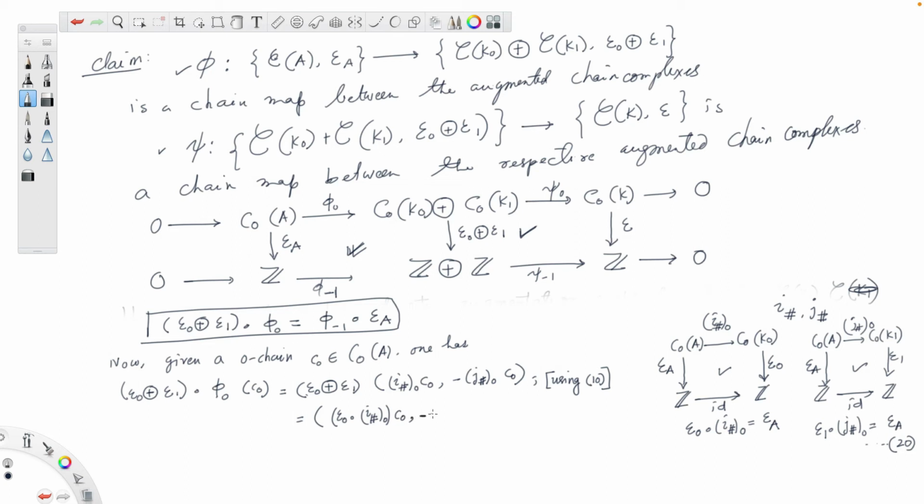Similarly, there is a minus sign in front, and then epsilon 1 composed with J hash at 0, and this composed map acts on C0, right?